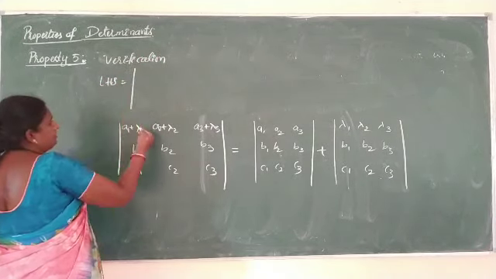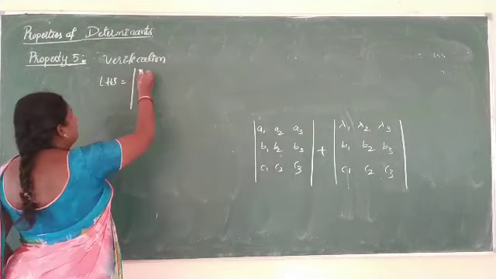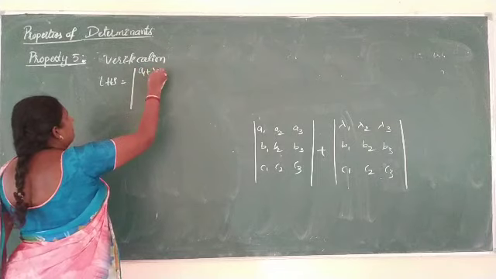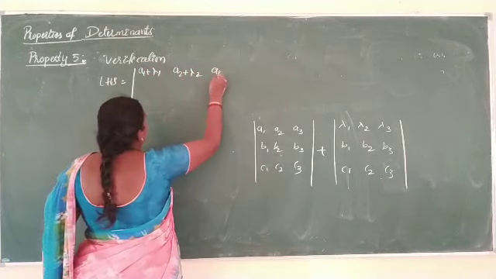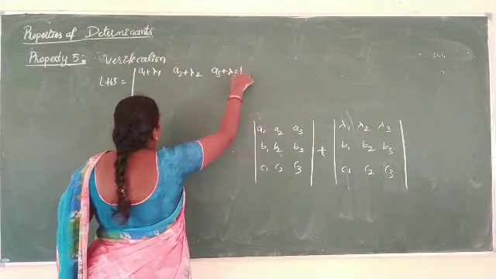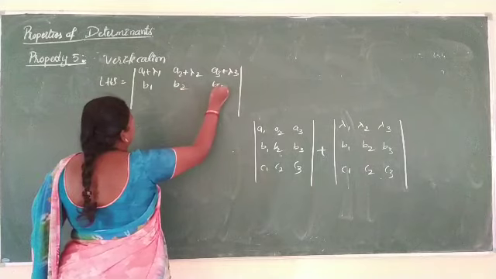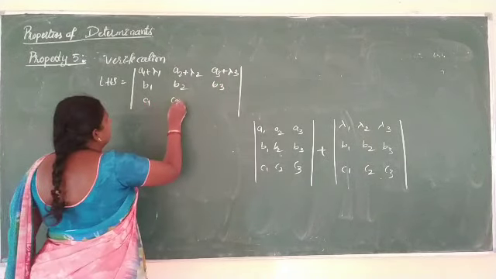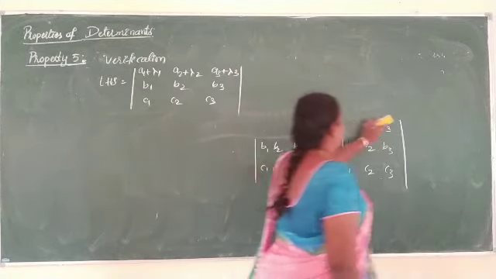So what is my left hand side? Only this. The first row is a1 plus lambda 1, a2 plus lambda 2, a3 plus lambda 3, then b1, b2, b3, and c1, c2, c3. Now let us expand this determinant.